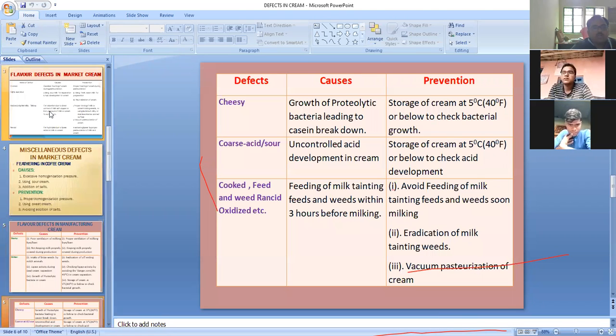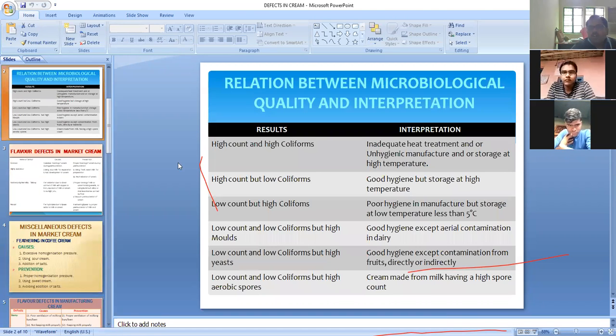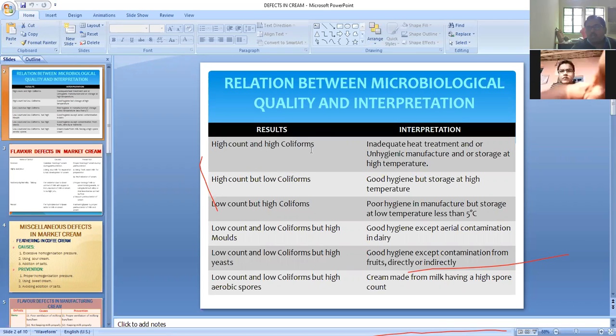Here we can also see the microbial defects and their interpretation. There is some microbial quality, and we can interpret the result on the basis of bacterial count or microbial quality. Suppose high count or high coliform, that indicates coliform is present, so what does it mean? They are actually the index of post contamination, fecal contamination.